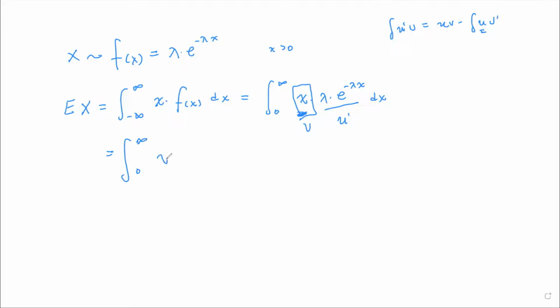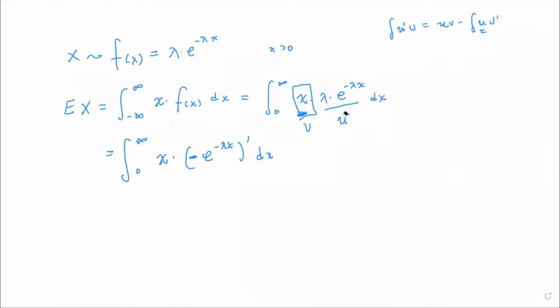We do x times, treat it as a negative e to the negative lambda x, and then prime. I add the negative sign here because if you differentiate it, you would get that lambda. There's no negative in front of this lambda.